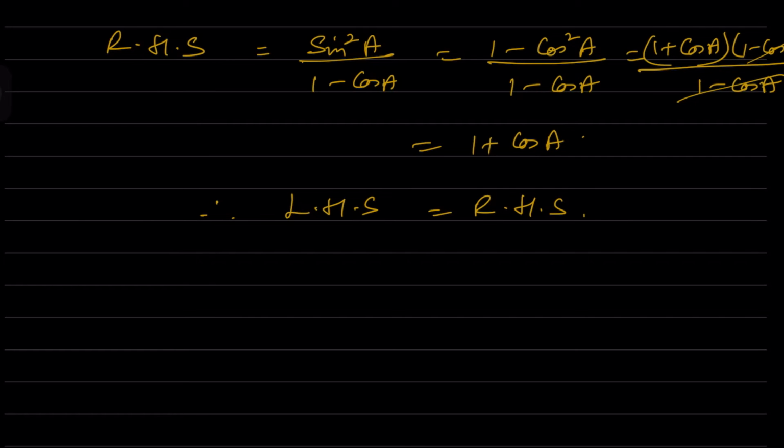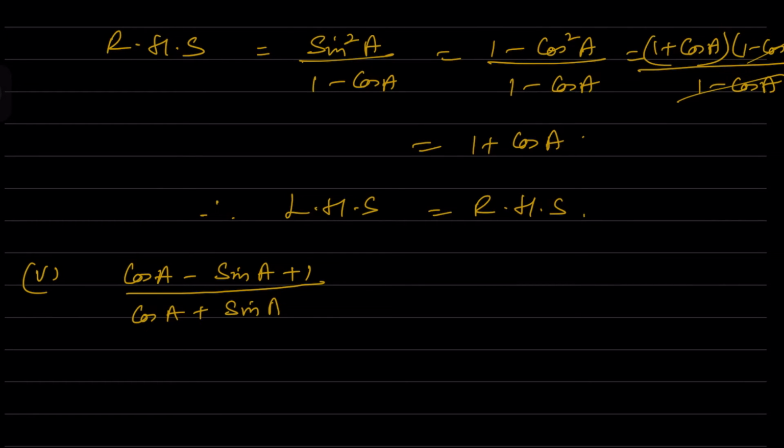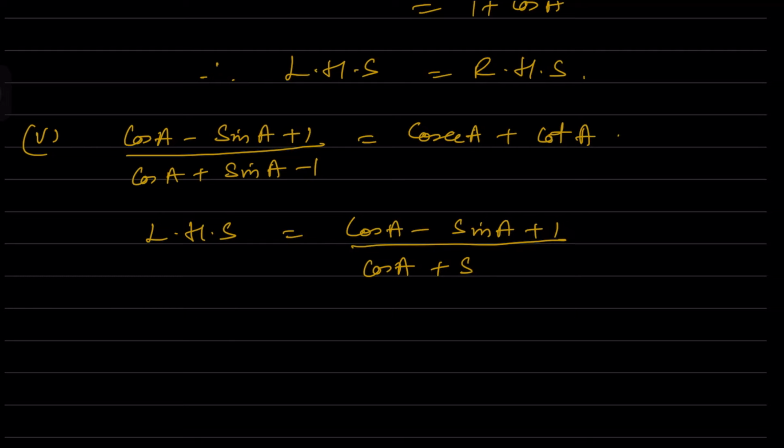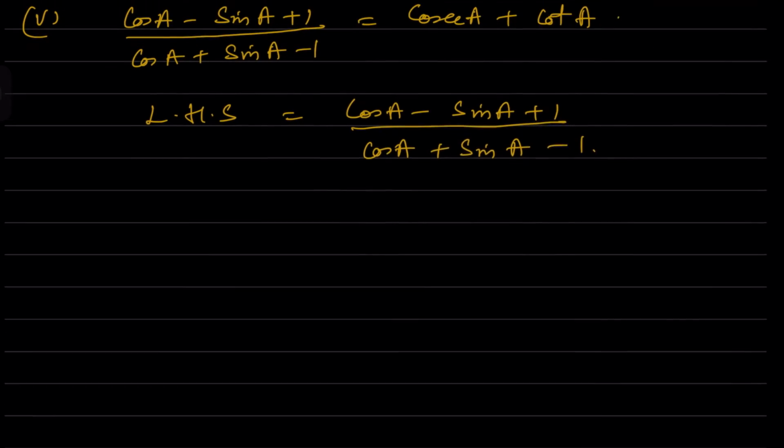Now going into the next one, that is the fifth bit, cos A minus sin A plus 1 divided by cos A plus sin A minus 1 is equal to cosecant A plus cot A. So taking LHS, cos A minus sin A plus 1 divided by cos A plus sin A minus 1.